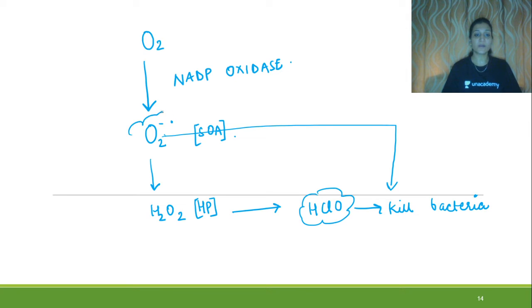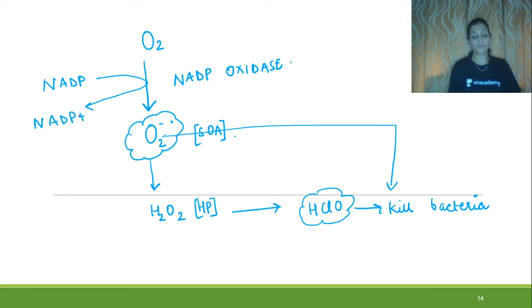And this reaction is coupled with conversion of NADPH into NADP positive. This is the actual process of generation of a free radical whenever there is a need for engulfment of a bacterium by a macrophage.